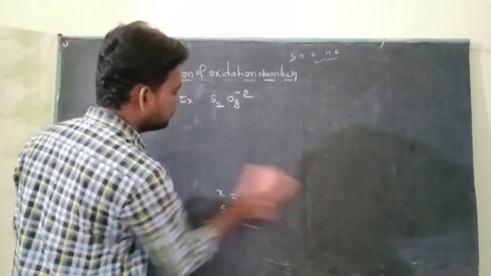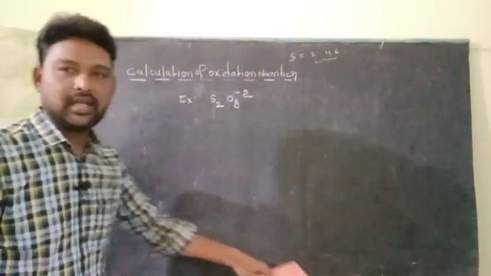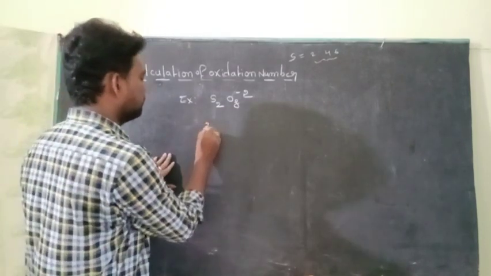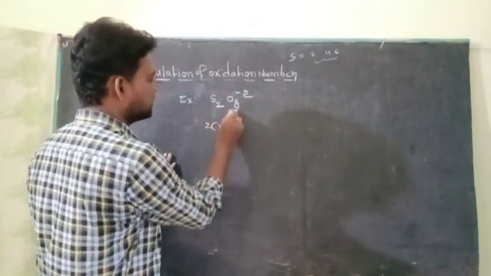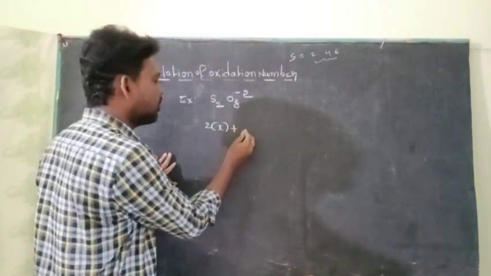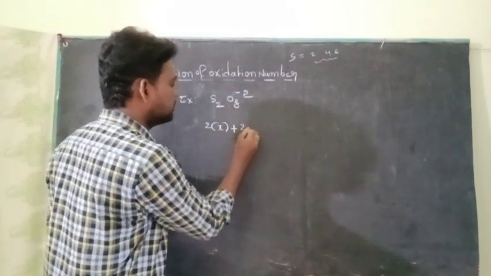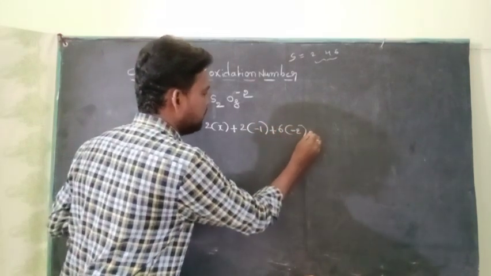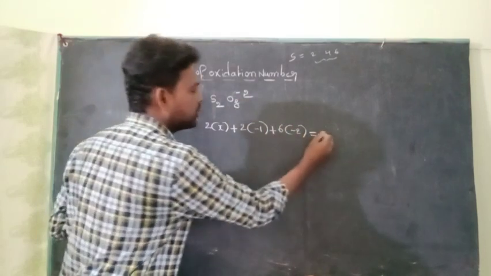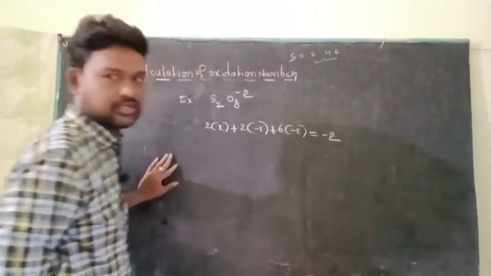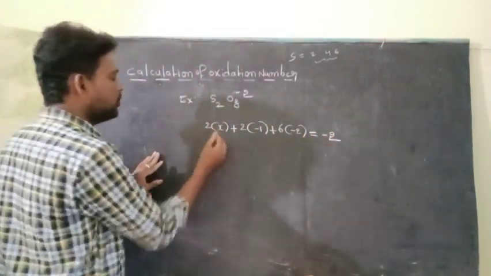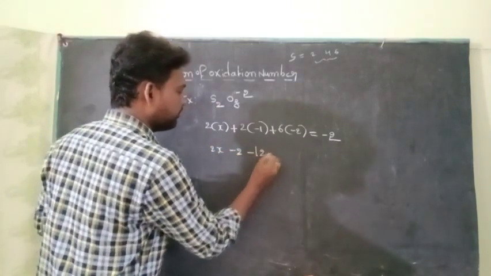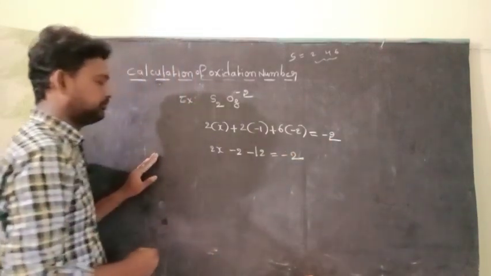In this peroxy compound, we take a minimum of 2 oxygen atoms as peroxy oxygen atoms. So 2 into x plus 8 oxygen atoms. Of the 8 oxygen atoms, 2 oxygen atoms are minus 1 and 6 oxygen atoms are minus 2, equal to the total charge, minus 2. So 2x minus 2 and minus 12 equal to minus 2.